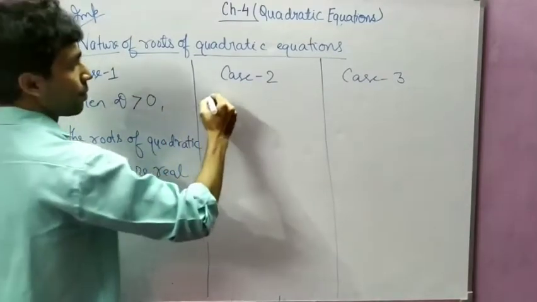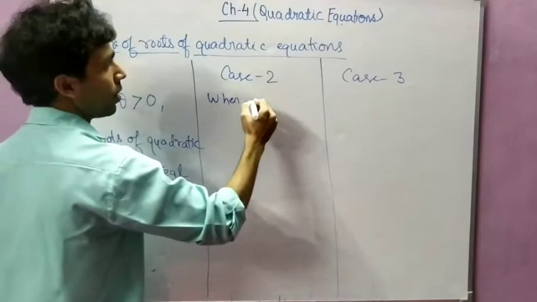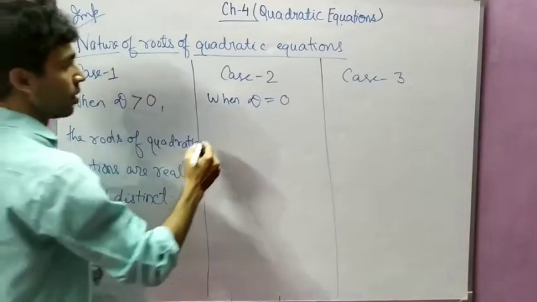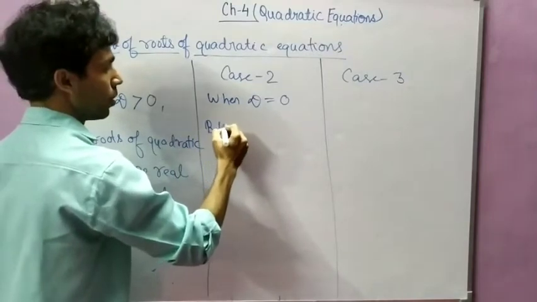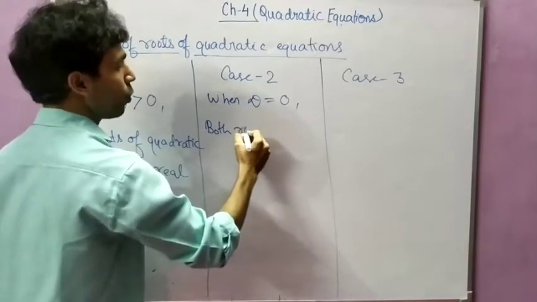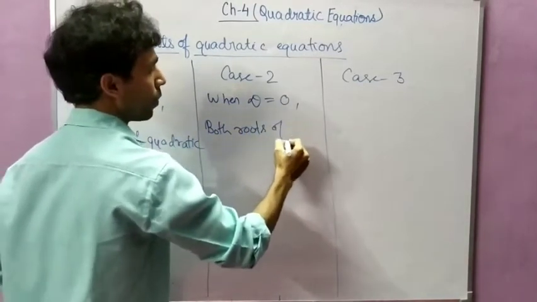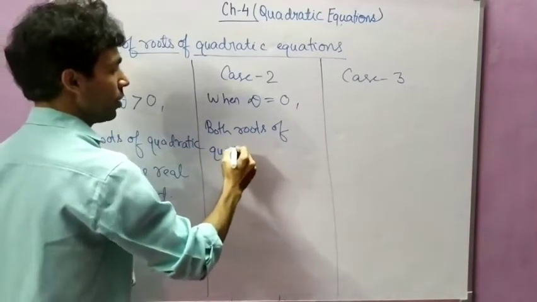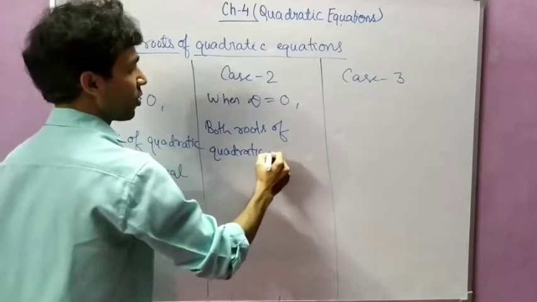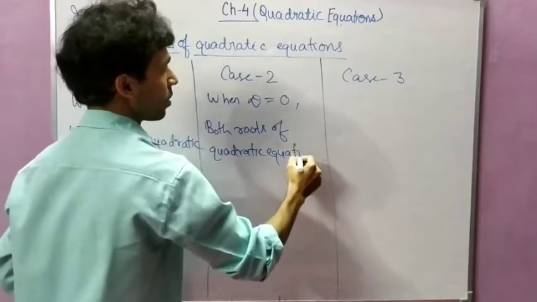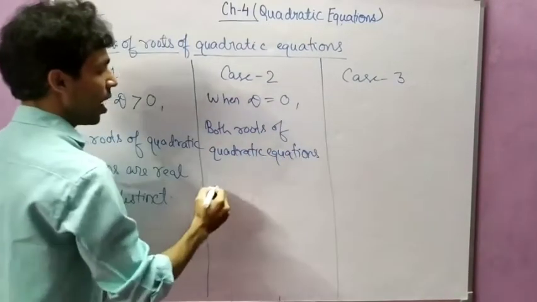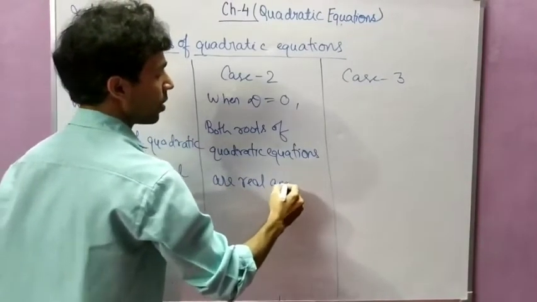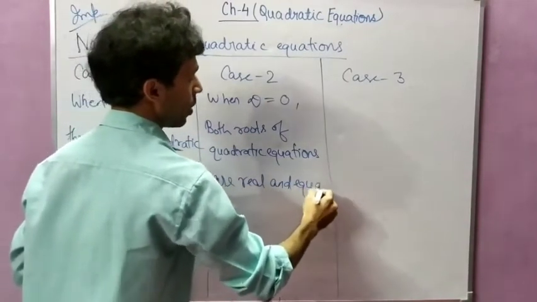Second case, when D equal to 0. In this case, both roots of quadratic equations are real and equal.